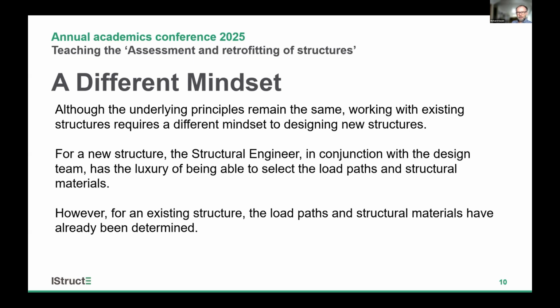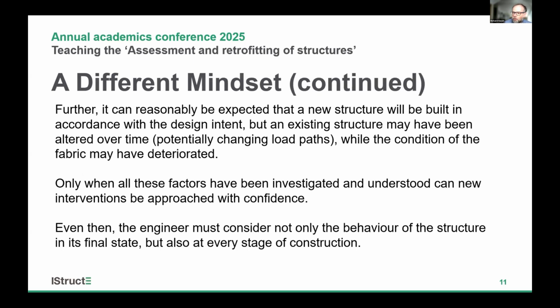So the first thing we need to do is understand the thinking of the original designer. Why did they choose those particular load paths? What are the load paths? Why did they choose those particular materials? That's the first step. But if the building's been in existence for some time, then people tend to change things, and those changes may well have affected the existing load paths as they were envisaged by the original designer.